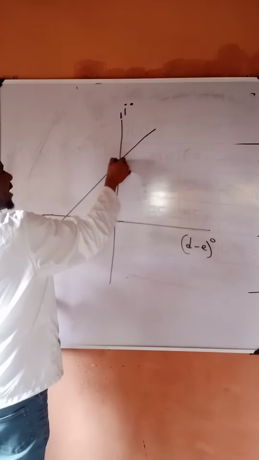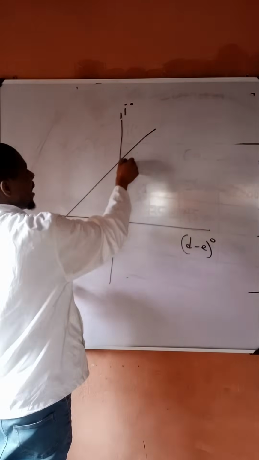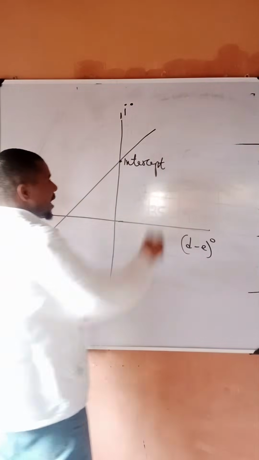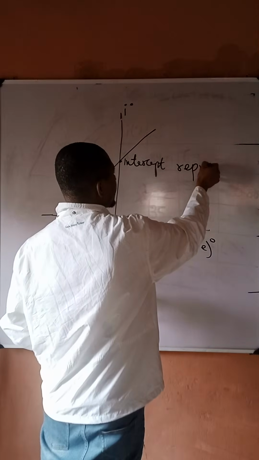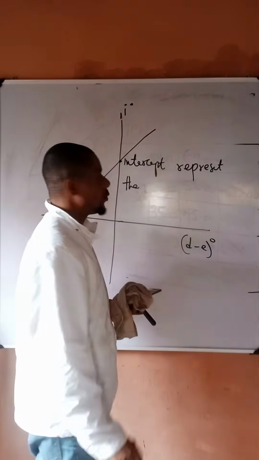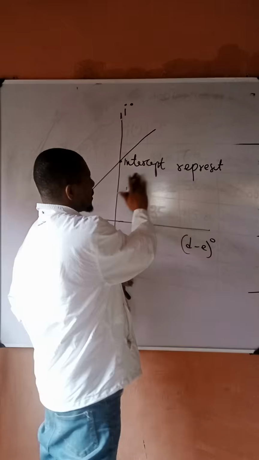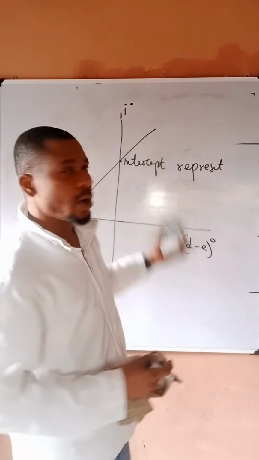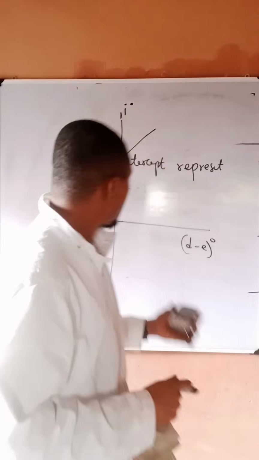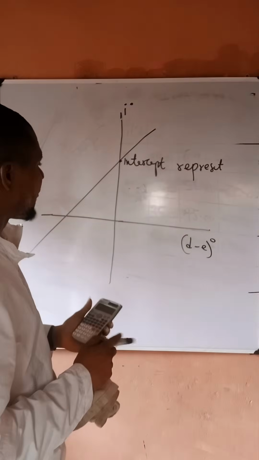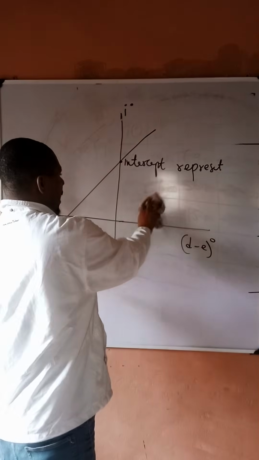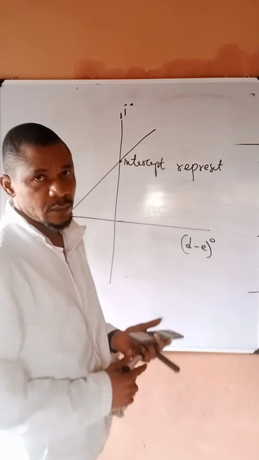And mind you, this intercept represents the refracting angle. The intercept represents the refracting angle of the prism. You have to take note of that. And equally, you need to take note of some other precautions. This is one thing that you must know.